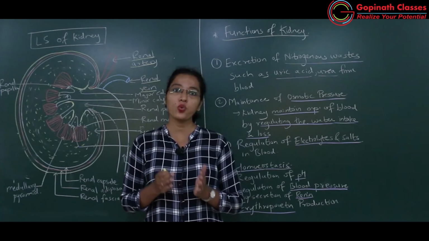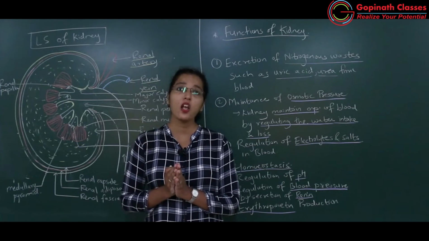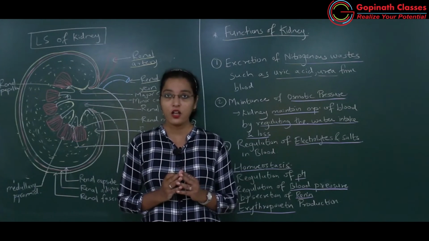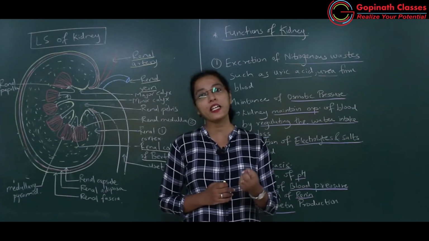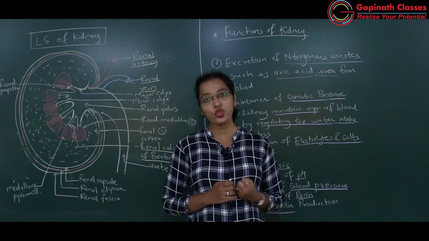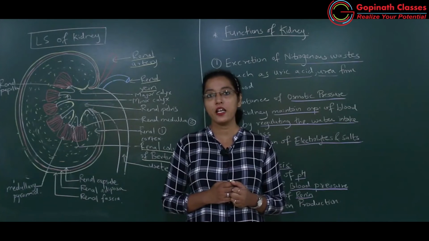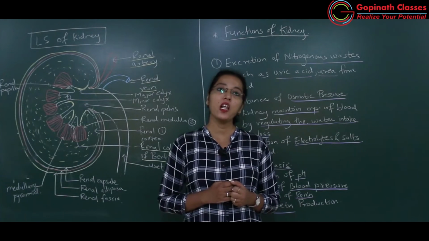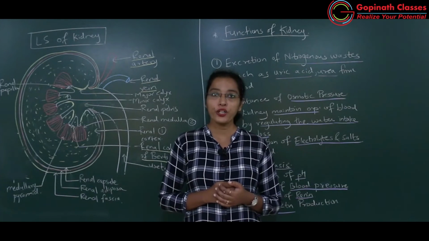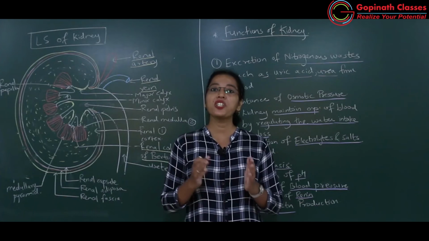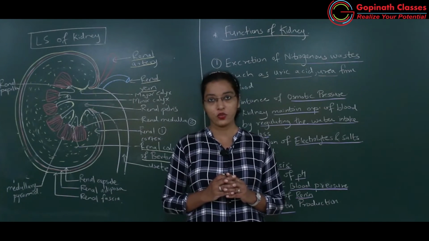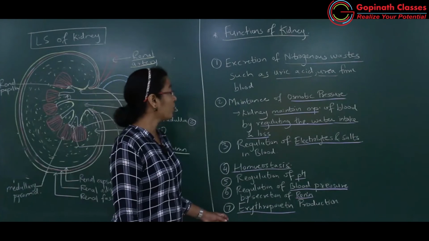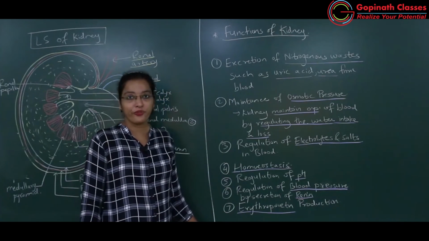So if the sodium ion concentration is low in the body fluids, renin will be produced by the kidneys, and this renin will bring about reabsorption of more sodium ions, and thus sodium ions will rise in the body fluids till a sufficient amount of sodium ions is available. Got it? So we have learned a total of 7 functions of kidney.